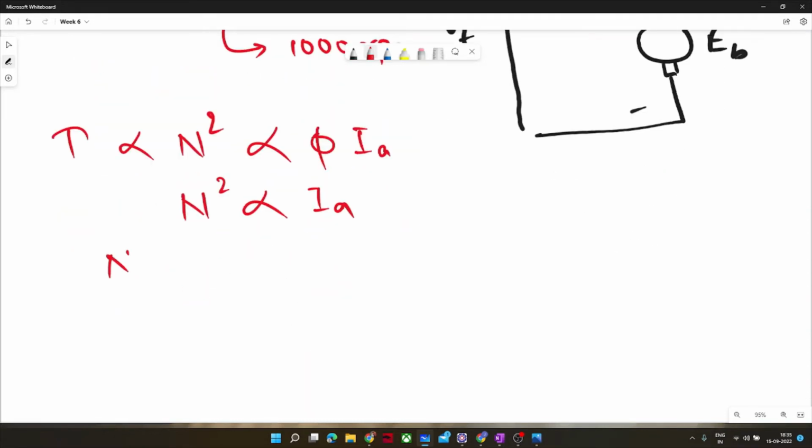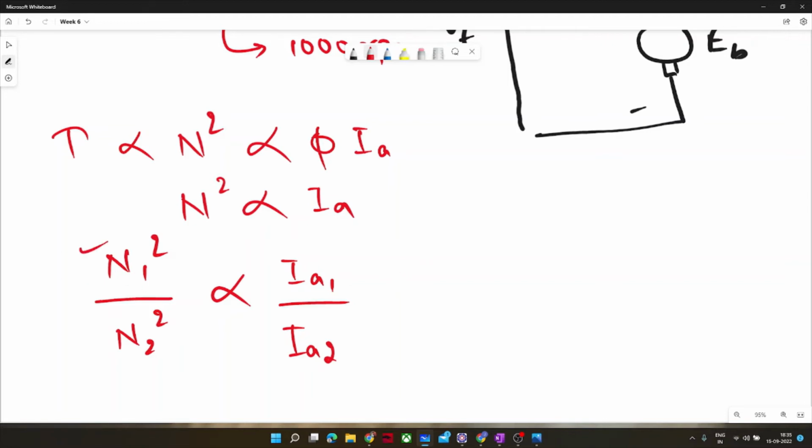Now, we can write it as n1 square divided by n2 square is proportional to Ia1 by Ia2. I hope it is fine till now. We know n1, we know n2. N2 is reducing to 500 RPM. We know Ia1. We can calculate Ia2.